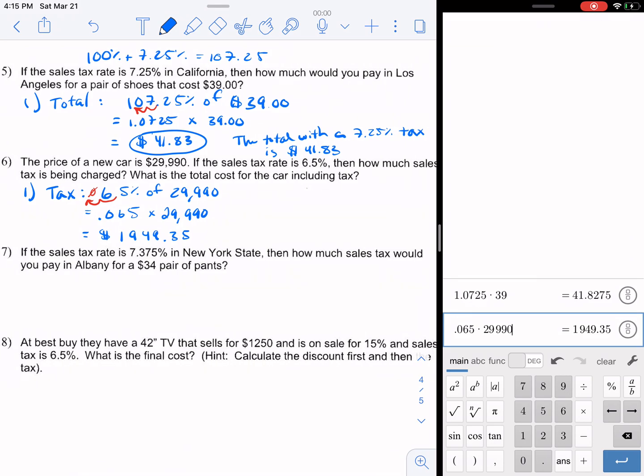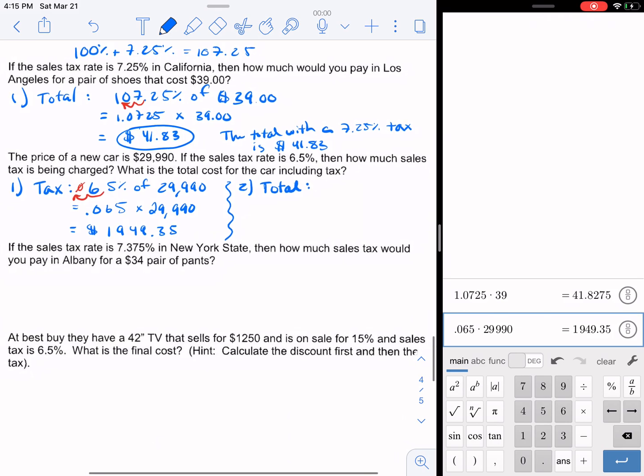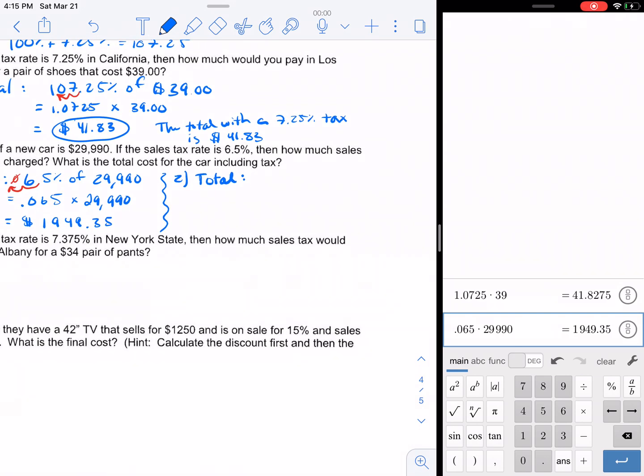All right. Now the total cost. Well, how do I find the total cost? Remember that this is an additional amount added to the original cost. So the original cost was almost 30 grand. So 29,990. And now you're gonna add the tax, which is 1,949.35.